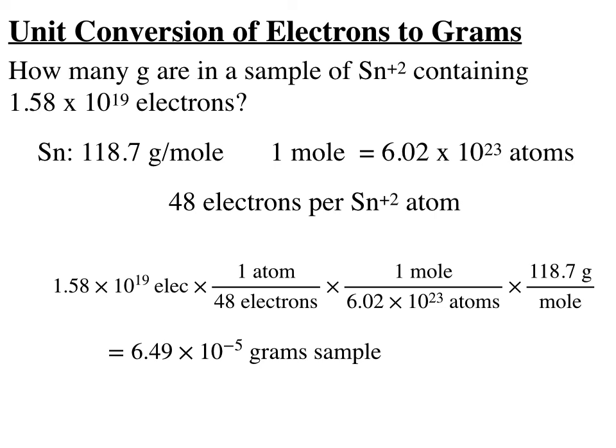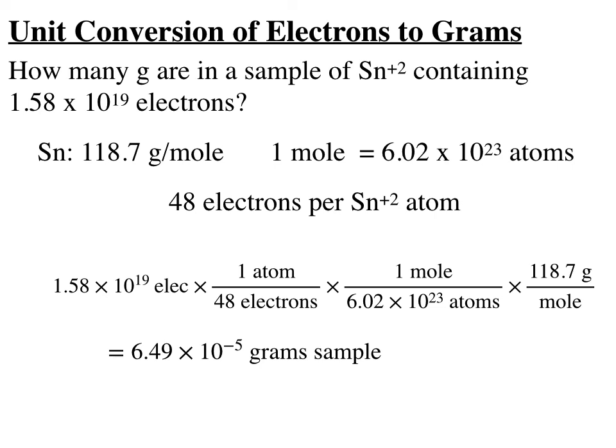So I don't feel slighted by using the molar mass of tin, even though I've removed a huge number of electrons from the sample because each atom is down 2 electrons in the sample.